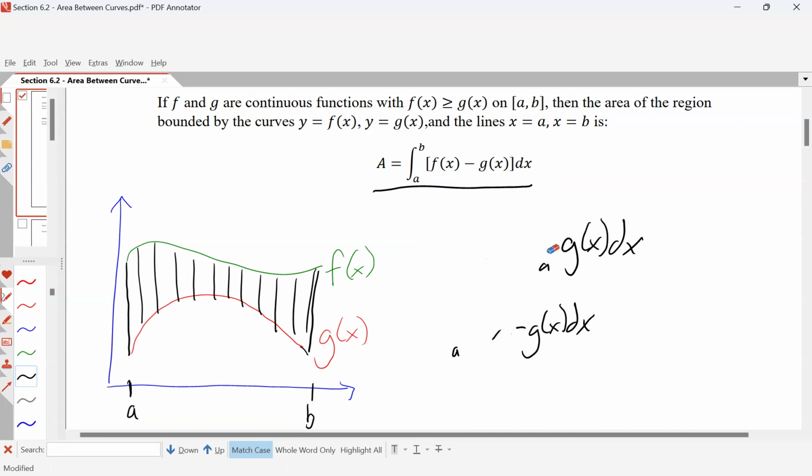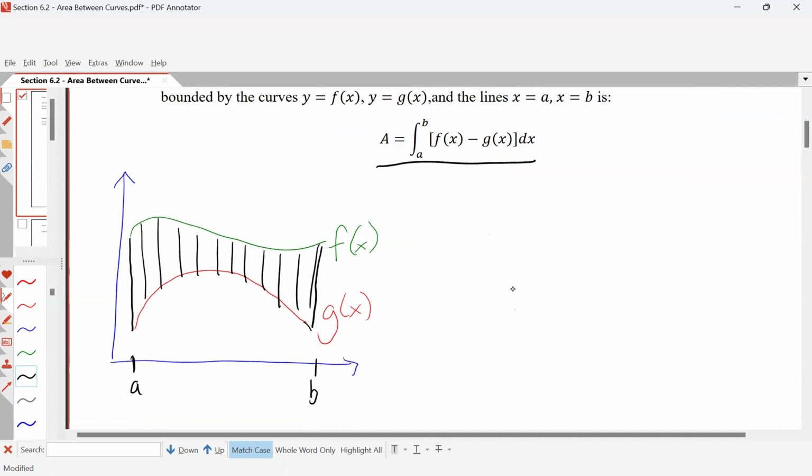So using the formal definition says, suppose I take an interval, a to b, and I divide it up into n subintervals. And I pick out a spot in there that we'll call x i star.